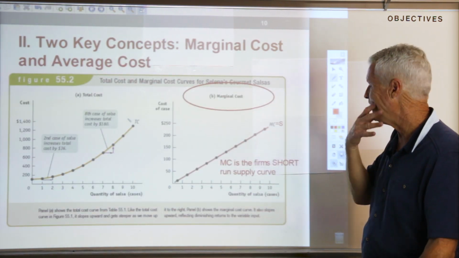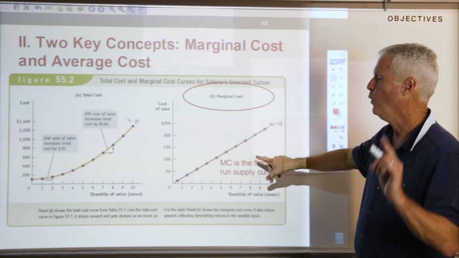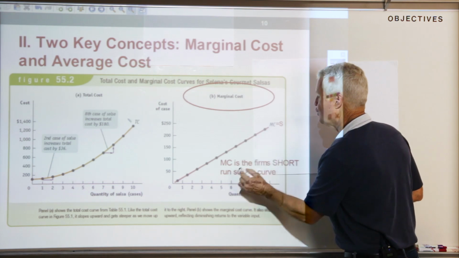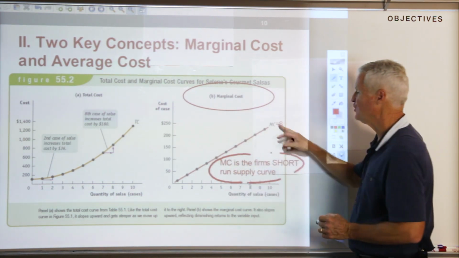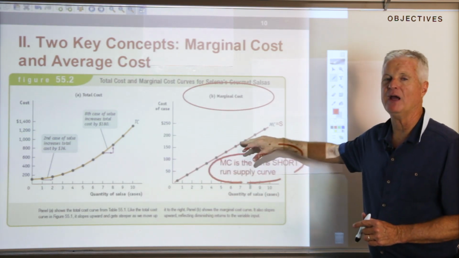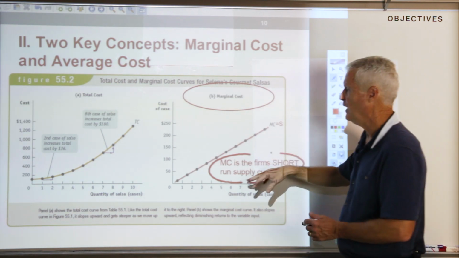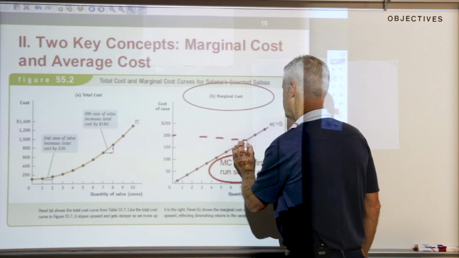Okay, figure 55.2, once again, take a look at that. One thing that I want you to make a note of, though, is marginal cost. This graph is the short-run supply curve. In other words, I'm going to supply up to what my cost is. So I would produce, like in this case, the cost is $200.